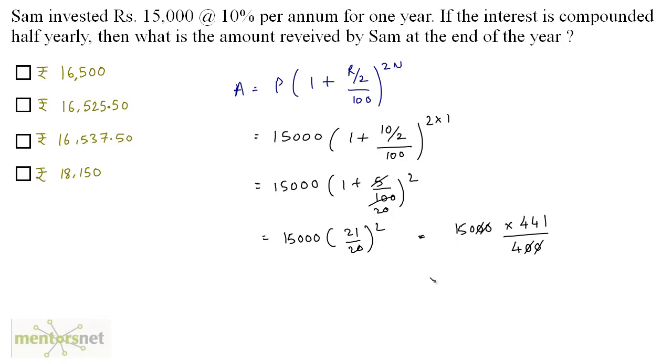Cancelling out the zeros, I have 150 times 441 by 4, and that is equal to, if you solve it, you will get 16,537.5. So this is the amount that Sam will get after the end of the year. So the answer is option C.